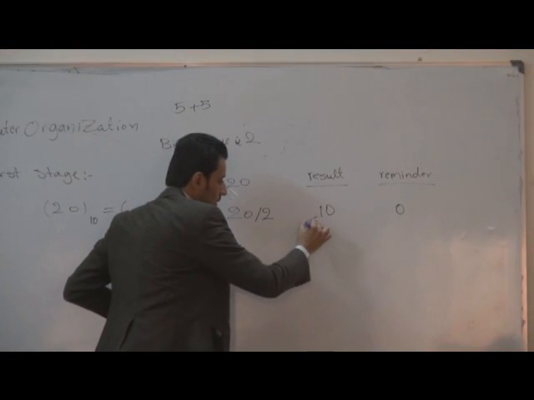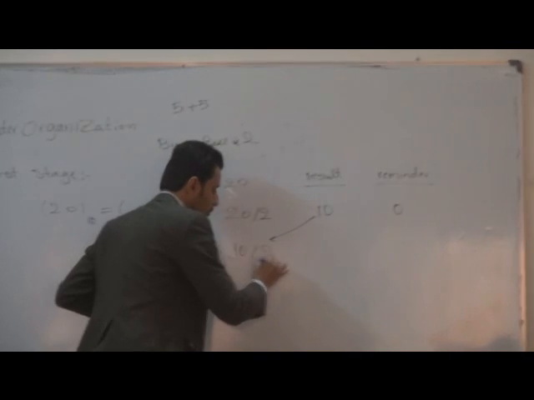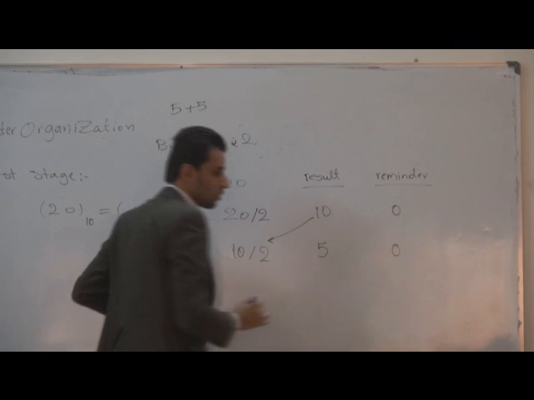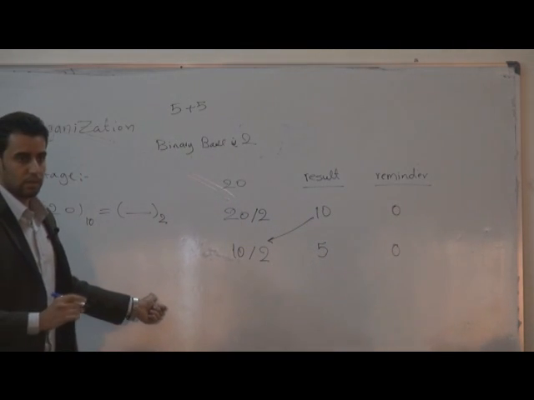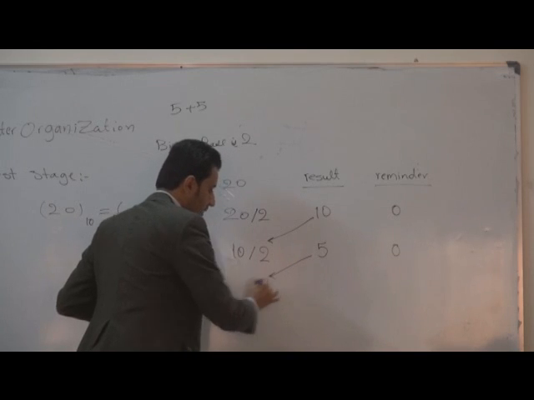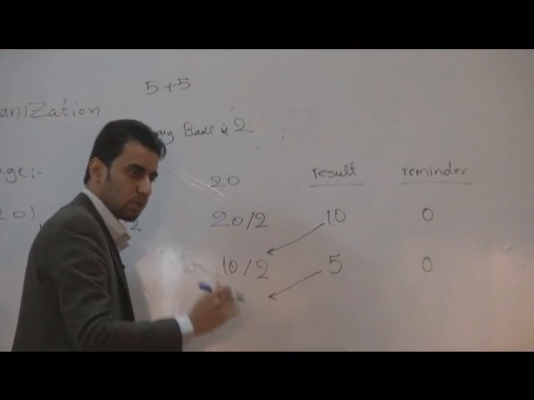Now we will take the result here. 10 divided by 2 is 5, and the remainder is 0. Okay, please keep it quiet. Then we take the 5 again and divide it by 2 until we reach 0.